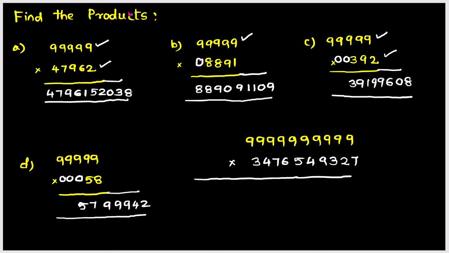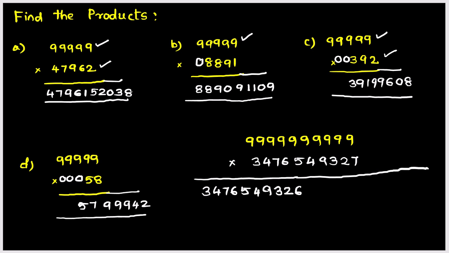So by applying the same sutra, how can we find? Okay, here you can count how many nines are there. 10 nines. Here also 10 digits. So we follow the same sutra. That is, first we subtract 1. Then we get 3476 5493 26, because 7 is there. If you subtract 1, we get 6.